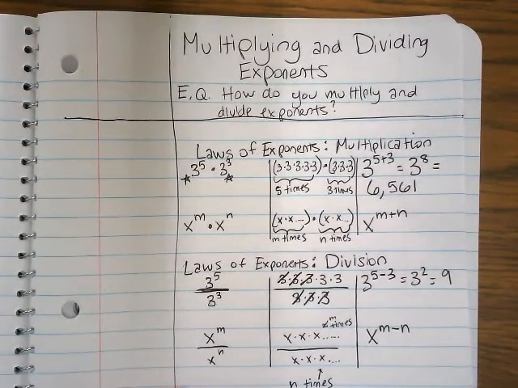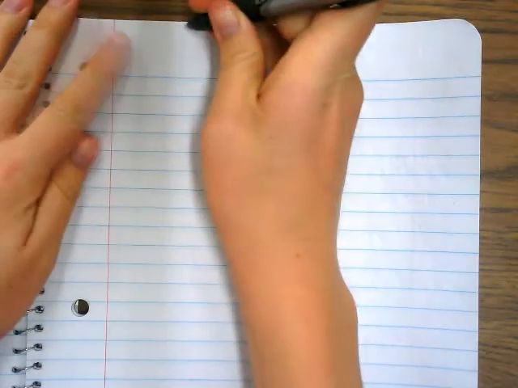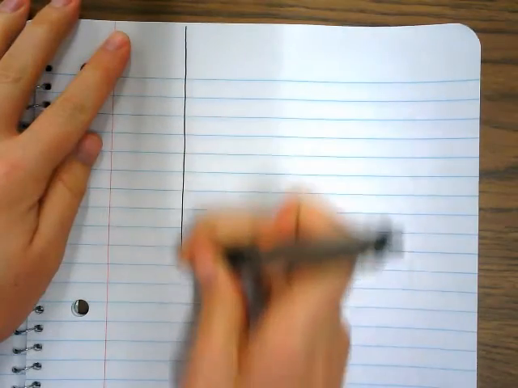Good afternoon. Go ahead and open up your math notebooks to the next blank page, the one right after our multiplying and dividing exponents, and go ahead and set that up in Cornell note form.